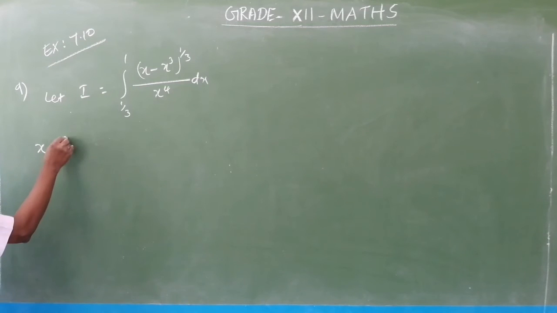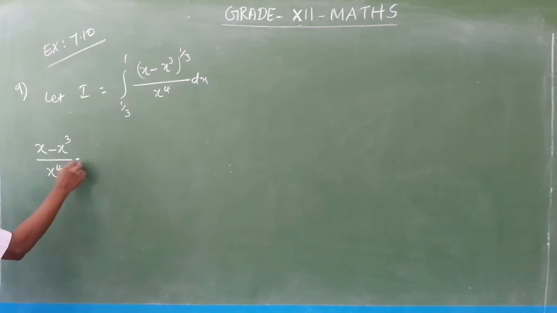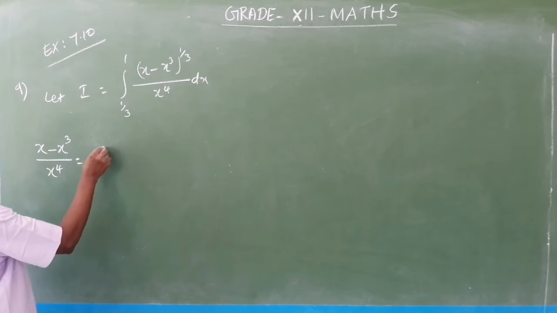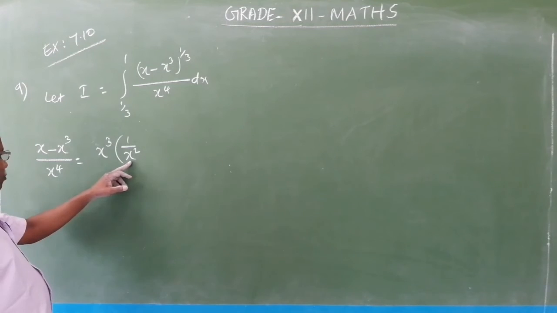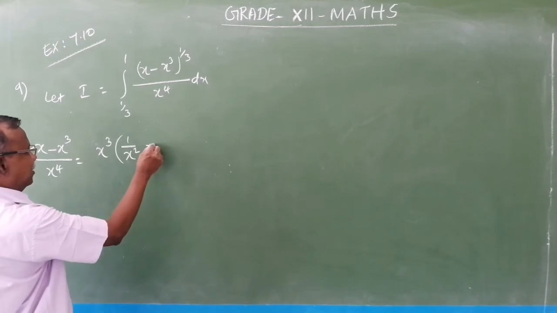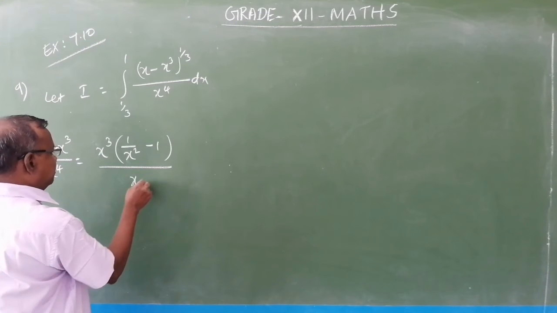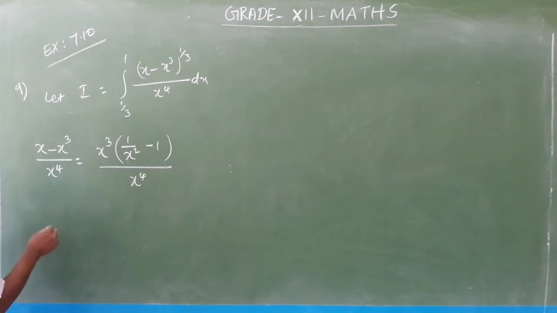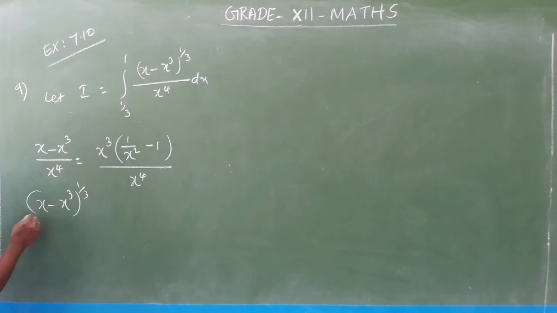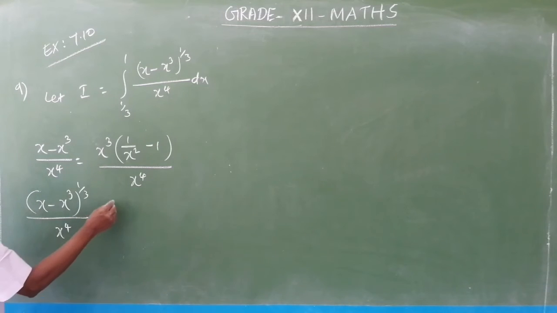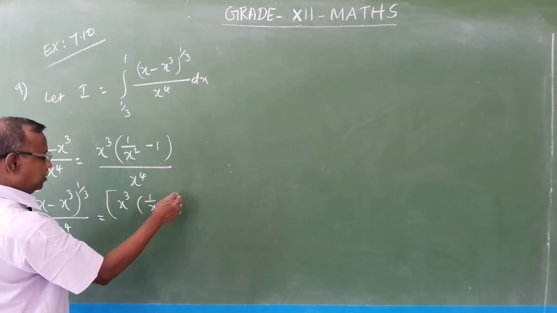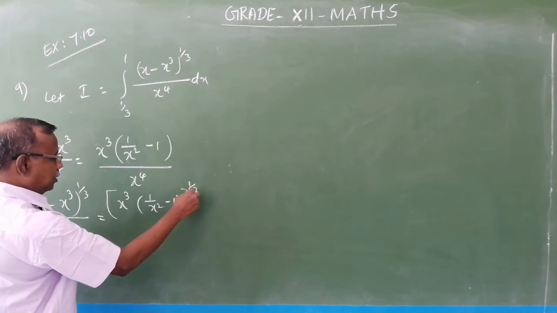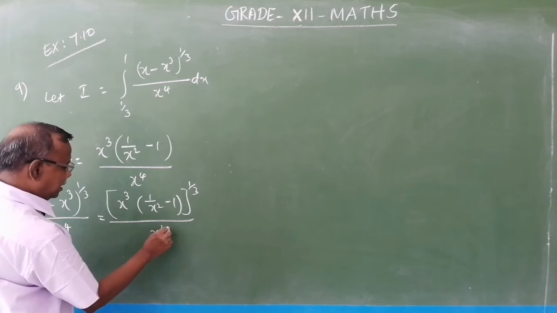Take x cube as common: x minus x cube equals x cube into (1 by x square minus 1), whole power 1 by 3, divided by x power 4.